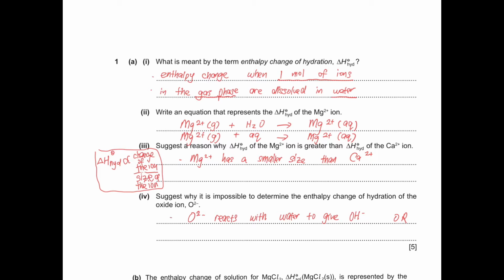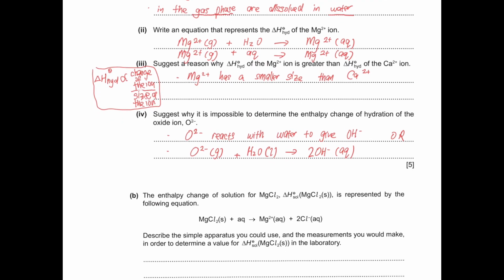So oxide in gaseous phase plus water becomes hydroxide, or in state symbols, oxide aqueous becomes hydroxide. Because of that, we could hardly determine the enthalpy change of hydration. Okay, so let's move on. Part B.